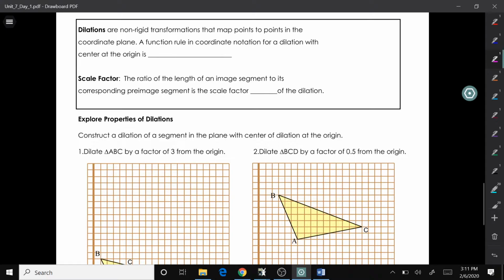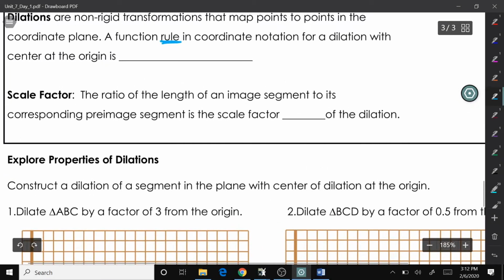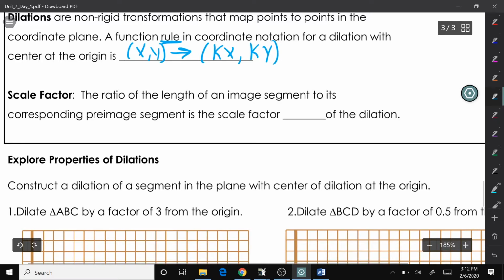All right, in Unit 2, we talked about dilations a little bit, which was either an enlargement or a shrink of a shape at that point. So remember the rule for dilations: if we have a point (x, y), that becomes (kx, ky).